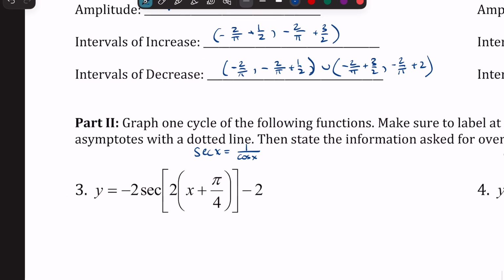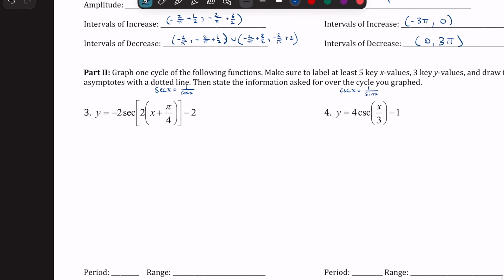So really, the way that I graph these is I think of cosine. I graph secant like it's cosine first, and then from there, I graph my secant function.